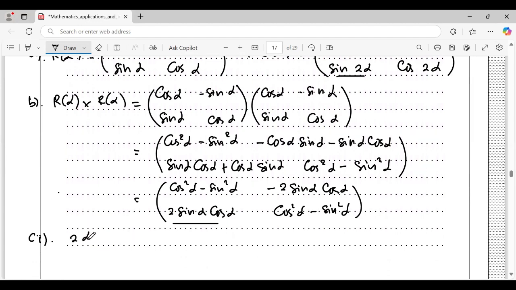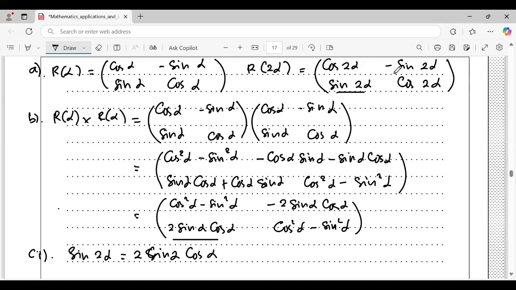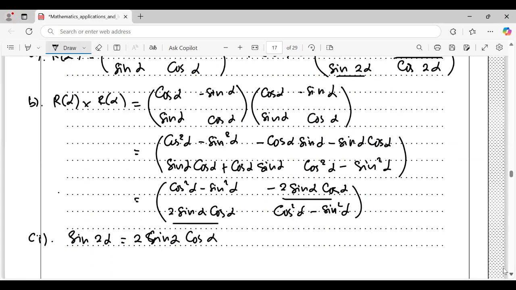So that's why sine 2 alpha equals 2 sine alpha cosine alpha. If you look at this one as well, minus sine 2 alpha equals minus 2 sine alpha cosine alpha.